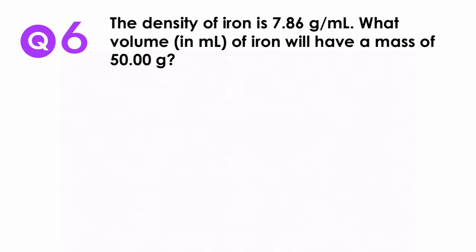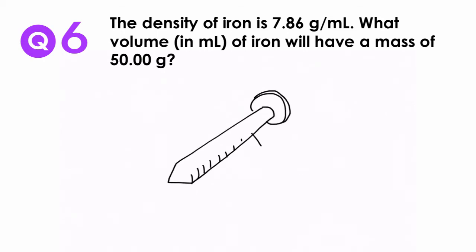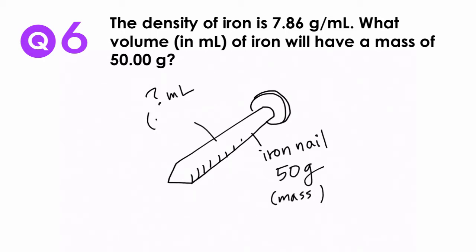The last question. The difficult part of this question is to identify what we are trying to convert. We're trying to convert 50 grams of iron to milliliters of iron. It's confusing because 50 grams is the mass of iron, but we're trying to convert it to the volume of iron. How does that work?